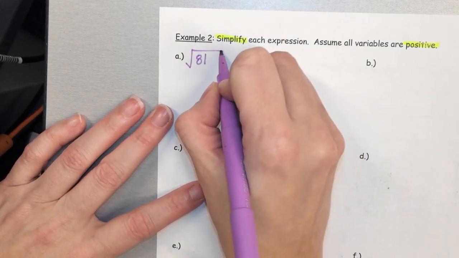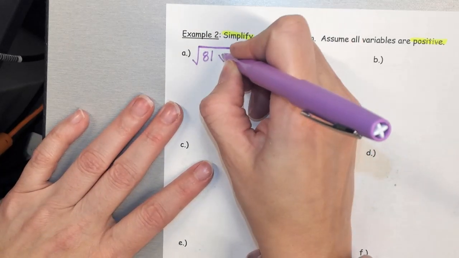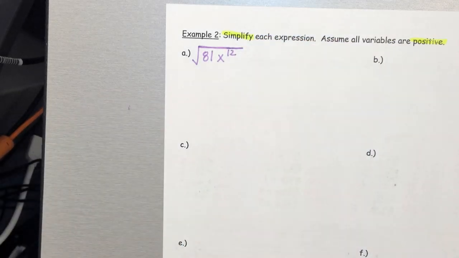So we're going to do the square root of 81 times x to the 12.